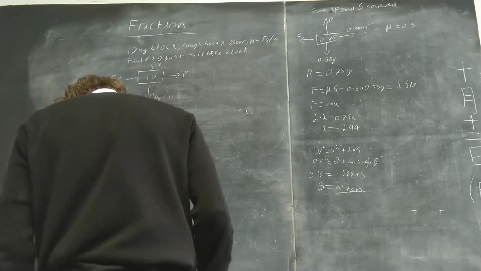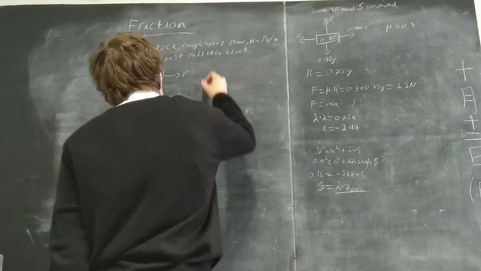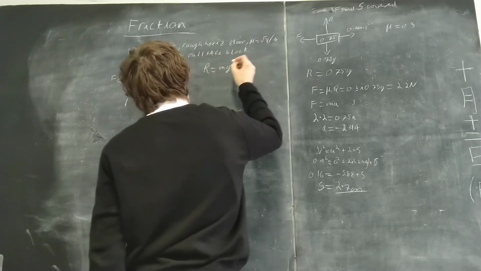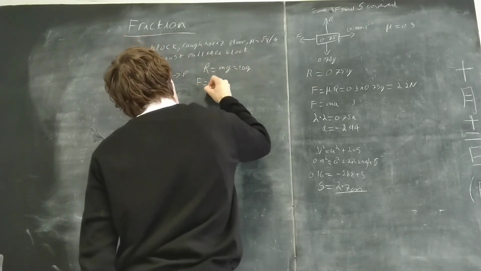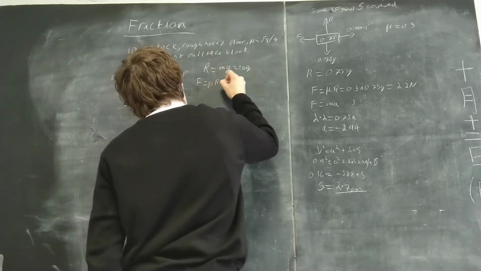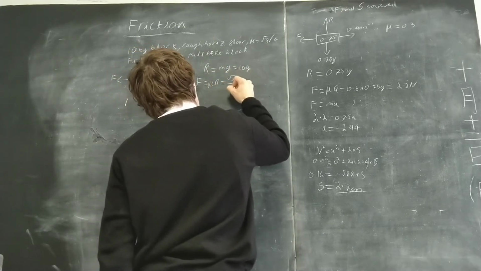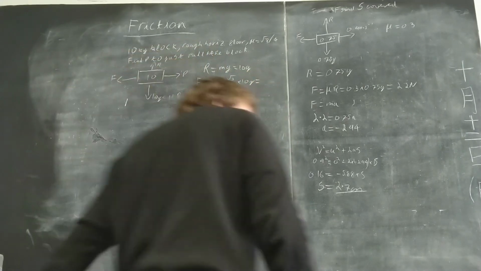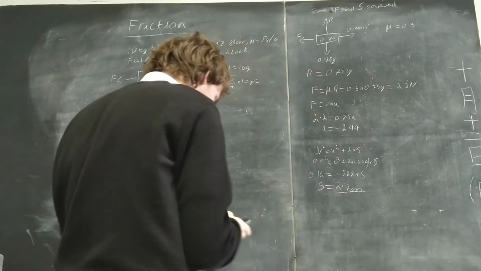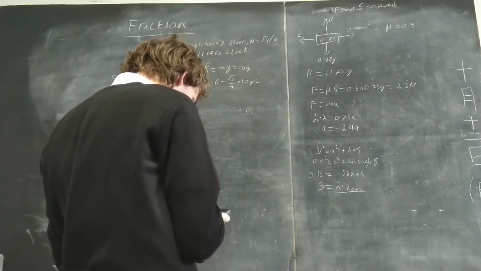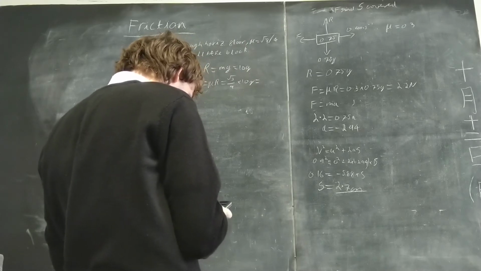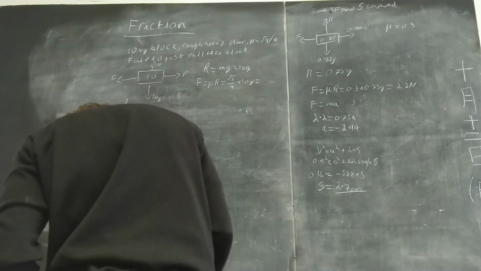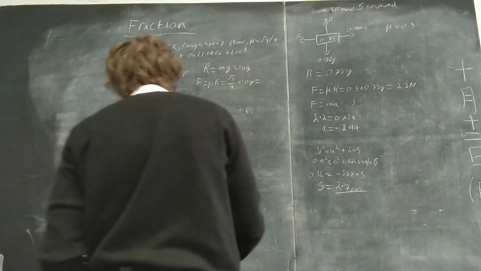We state what R is equal to. R equals mg, and F equals mu R, √3/4 times 10G, which is equal to 42.4.